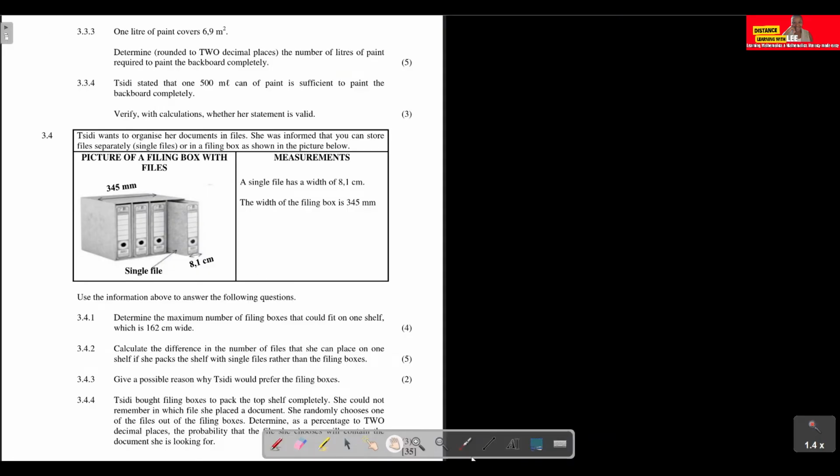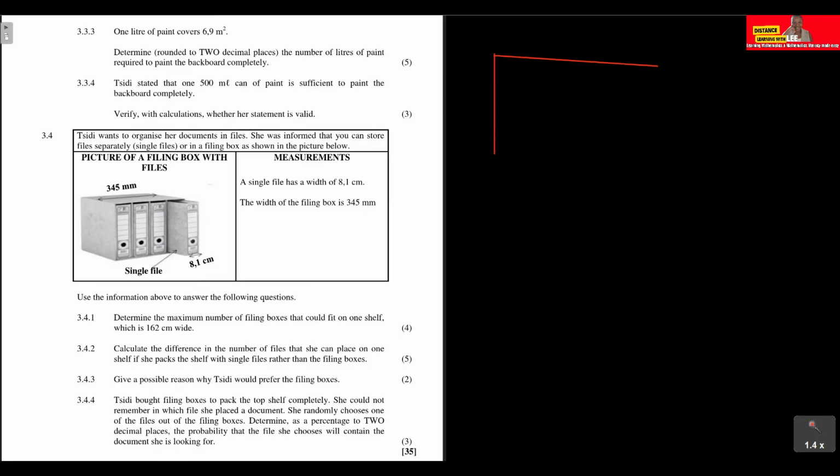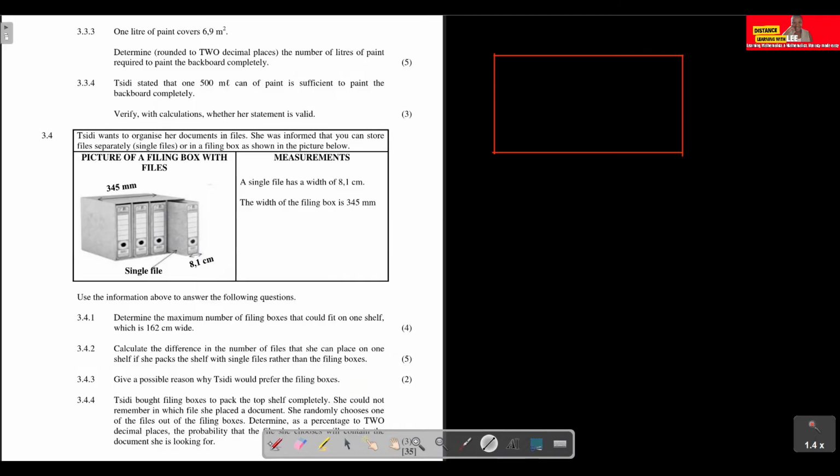We need to use the information that was given to us on the previous page to help us navigate this question. Remember, we had already calculated the area of our backboard, and we were also given information about the paint needed to cover the front side of our backboard, and the paint that is needed to cover the back of our backboard, right?